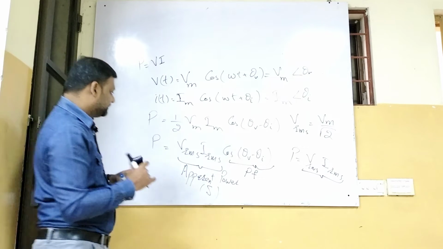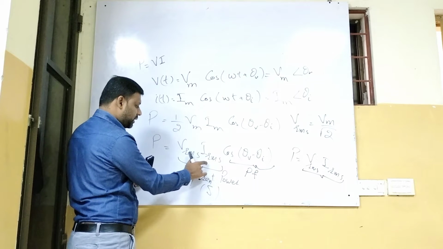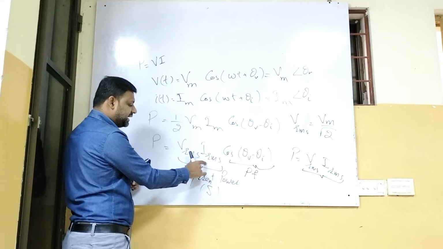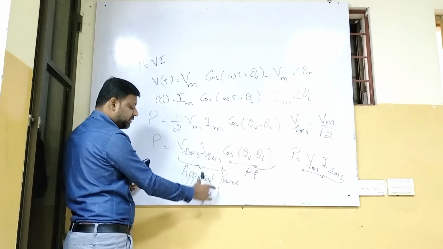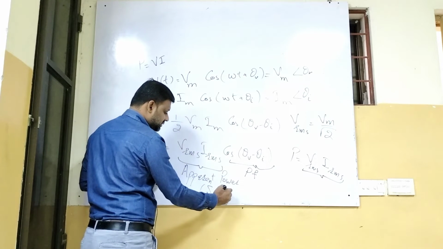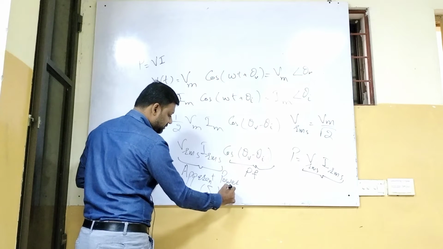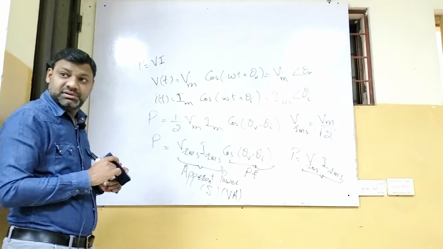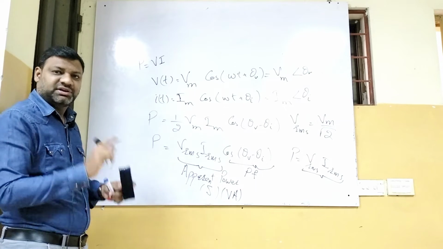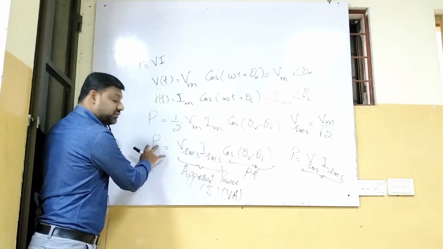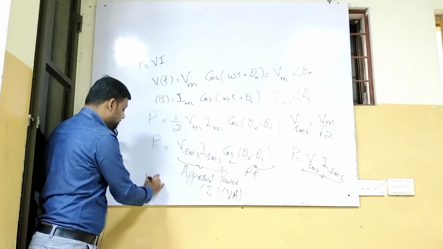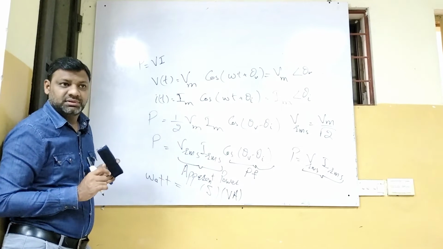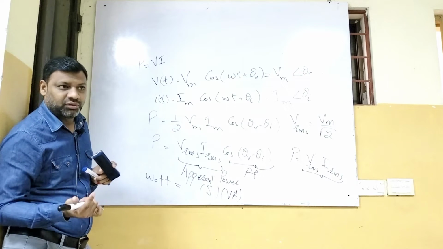So far, they have different units for that apparent term, apparent power, and the units are volt ampere. Just to distinguish from the units of power, which is watt. Power has a unit of watt.